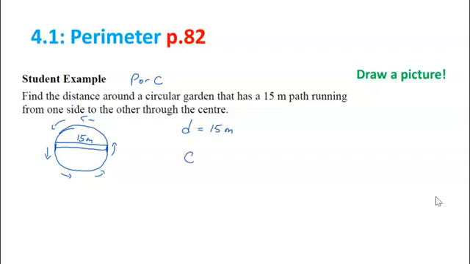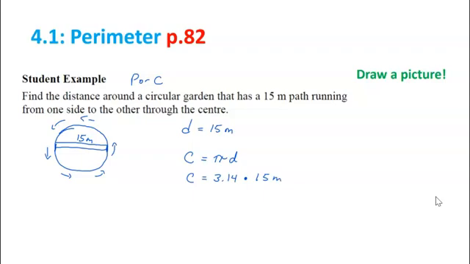I'm calculating circumference, which is pi times the diameter, and I'm going to use rounded pi here, 3.14 multiplied to 15 meters.